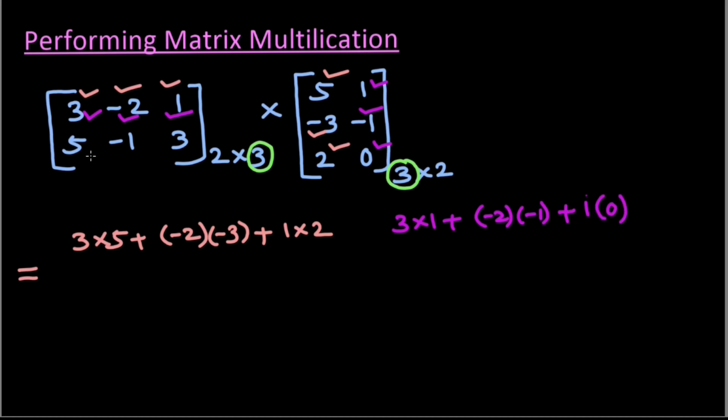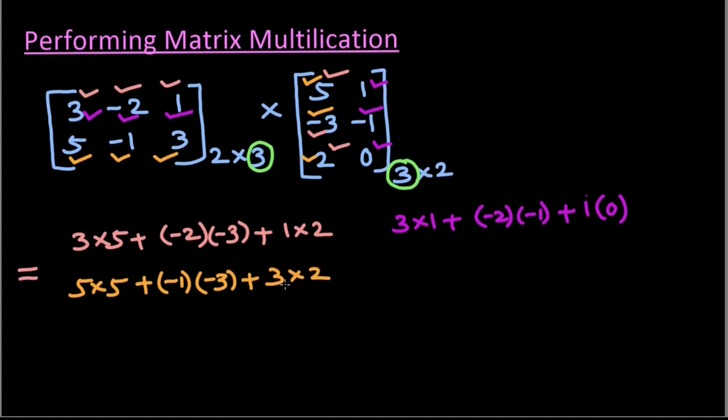Next, we will multiply elements of the second row of the pre-matrix by the elements of the columns of the post matrix. So we multiply this 5 by this 5, so that will be 5 multiplied by 5, then minus 1 multiplied by minus 3 plus minus 1 multiplied by minus 3 plus 3 multiplied by 2.